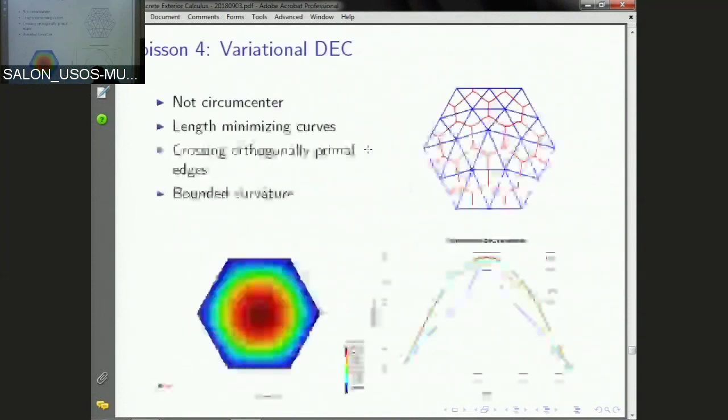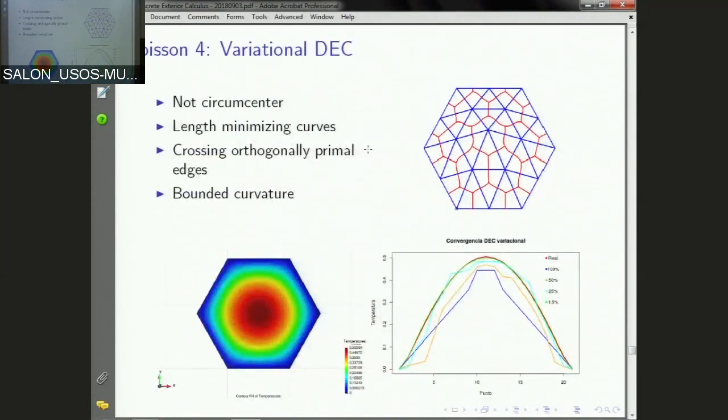Another example. We were wondering, you might be wondering, in the mesh that I produce, essentially the new nodes of the dual mesh are circumcenters, and I join them by straight lines.